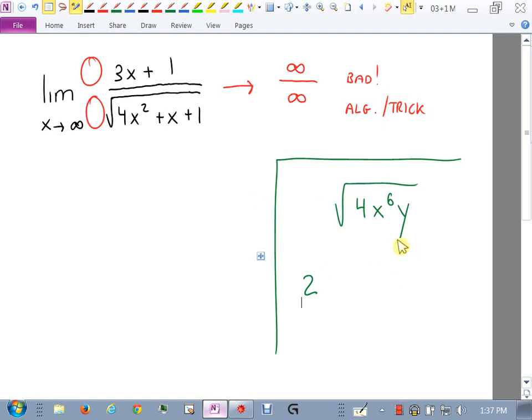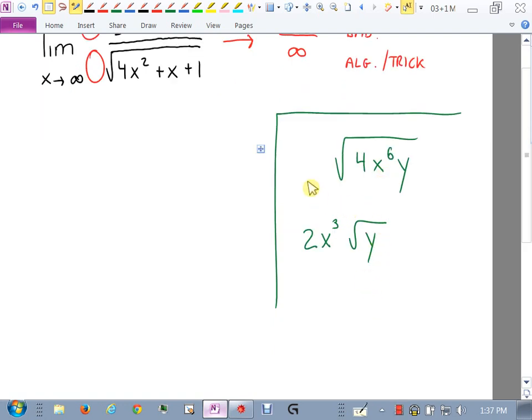And then x to the 6th, well, how many times can I get 2 into 6? 3 times. So you would say, I'm going to pull an x cubed out. And then the y you couldn't do anything with, so you'd leave it like this. Y'all agree with that? Okay, that's how you pull things out of roots.